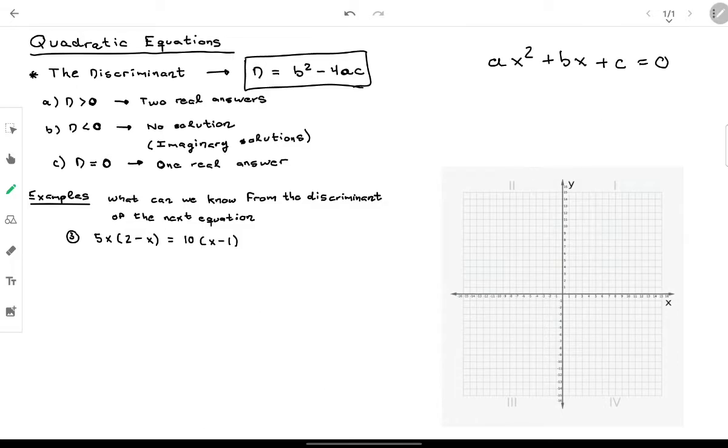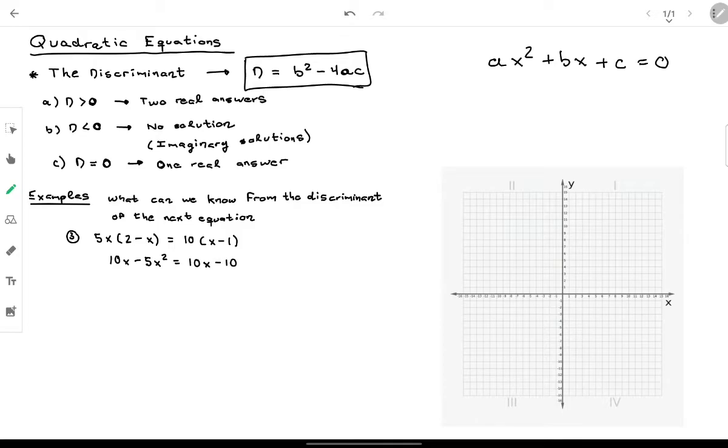So let's see. If we have this example, it's going to be very similar. First, we need to have the structure of a quadratic equation. So we need to multiply all the parentheses, send them to the same side of the equation and equalize it to 0, etc. So let's do it. In this case, it's going to be 10x minus 5x squared equals 10x minus 10.